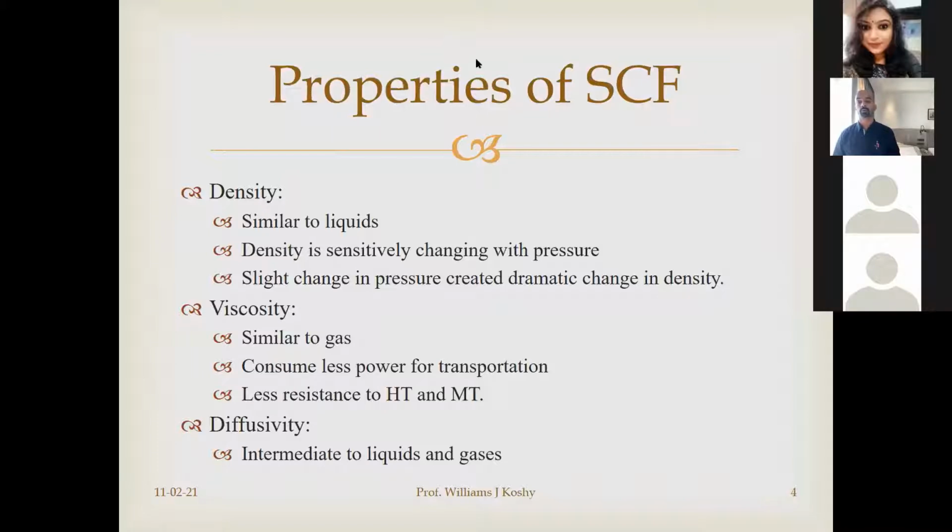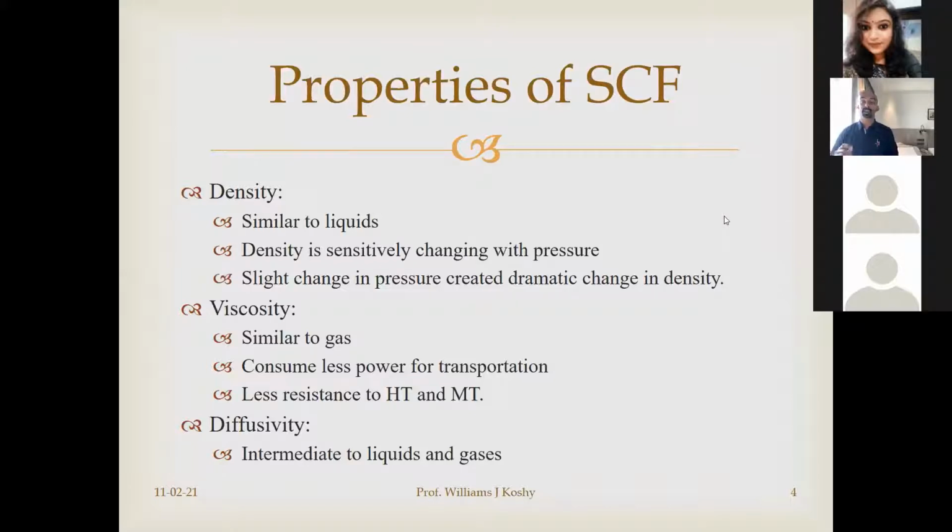Mass transfer happens basically because of concentration difference, and it takes place by virtue of diffusion. There are different forms of diffusion, but basically it happens because of diffusion. So I can say that for mass transfer, diffusivity is one of the most important concepts.